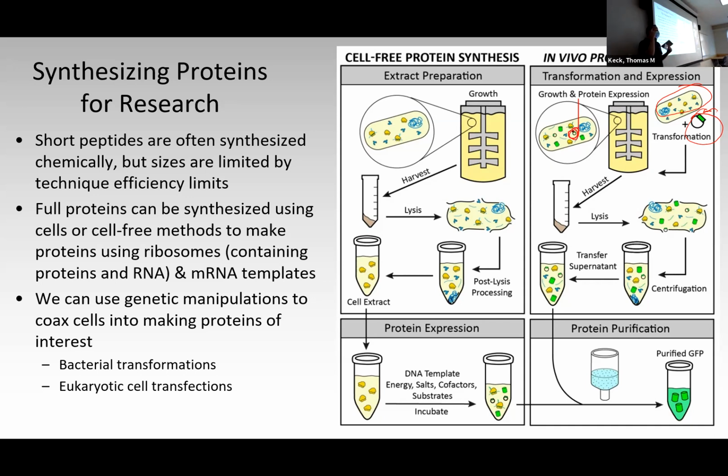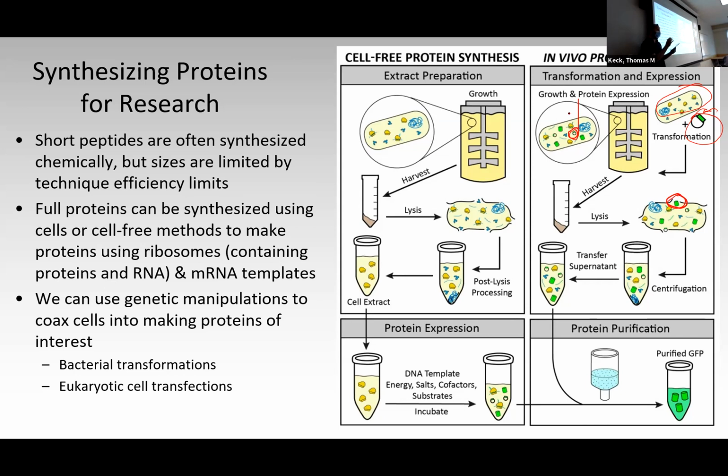That genetic information makes the mRNA production and protein production machinery produce the necessary materials to create green fluorescent proteins within the bacteria, or red fluorescent proteins in the case of our lab. If you did this with mammalian cells or eukaryotic cells, that process is called transfection, but it's the same idea.